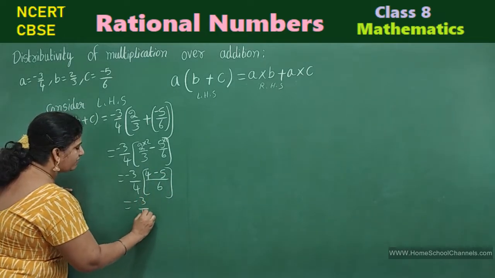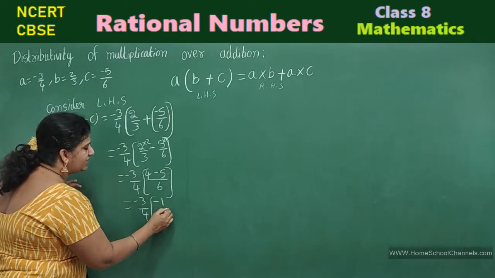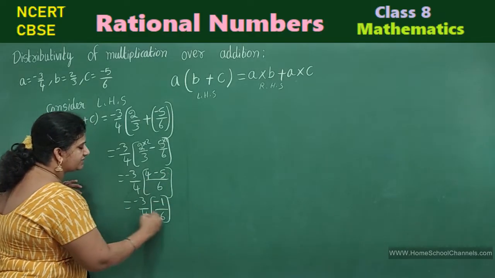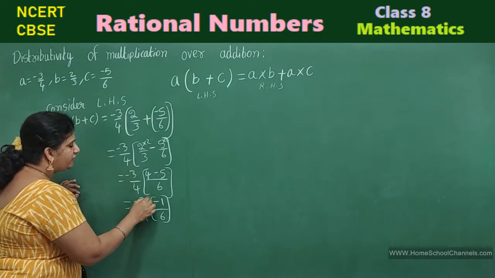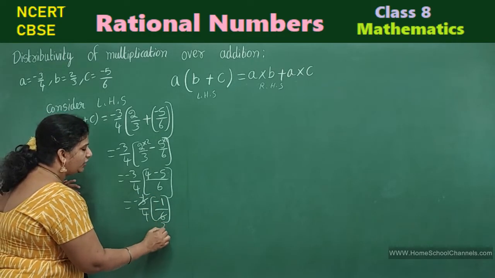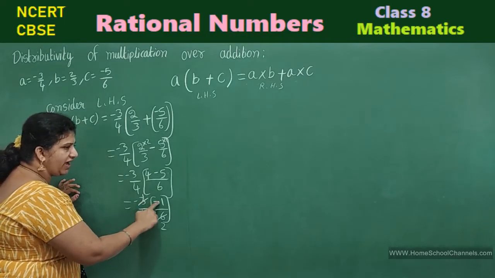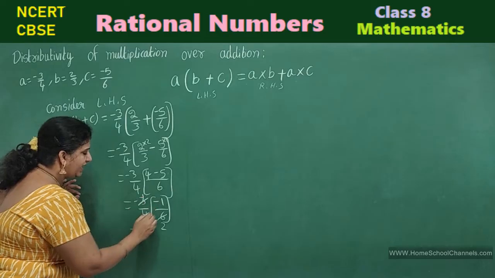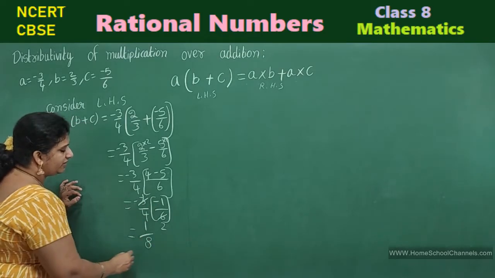Minus 3 by 4 into 4 minus 5 will be minus 1 by 6. If you want, you can cancel now. 3 ones are 3, 3 twos are 6, and minus into minus is plus, 1 into 1, 1 by 4 twos are 8.